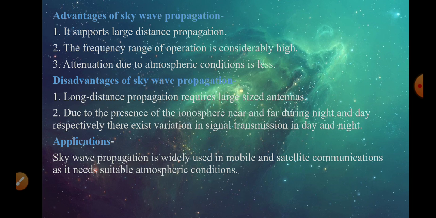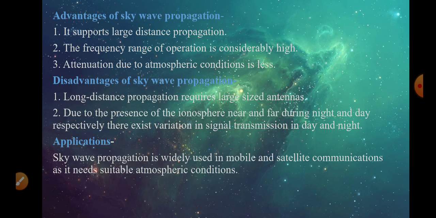If we see the disadvantages, we find that long distance propagation requires a large size of antenna. As we already know, the frequency and the wavelength relation is inversely proportional, and the wavelength depicts the height of the antenna.